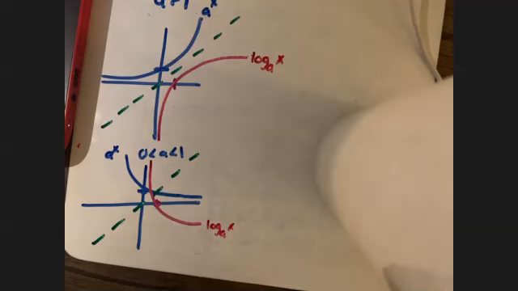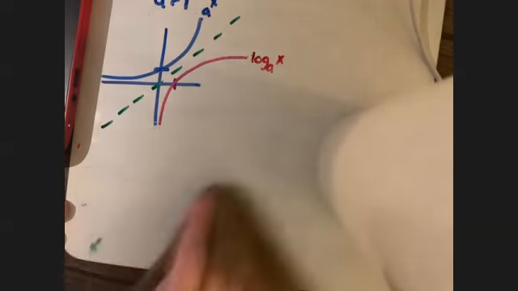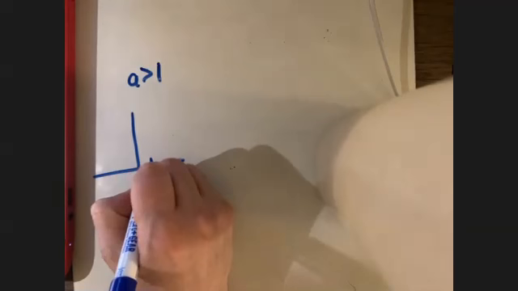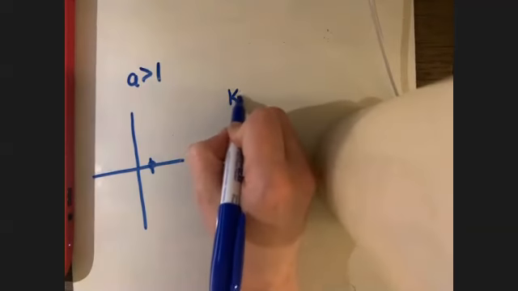So now, pulling some stuff back and giving us all of those graph details, I'm going to pull this back up here so I've got some space, okay? When we talk about our basic graph function, and again, we're going to talk about when A is greater than 1 first. Taking a look at that graph picture, we are going to have a couple of key points here.